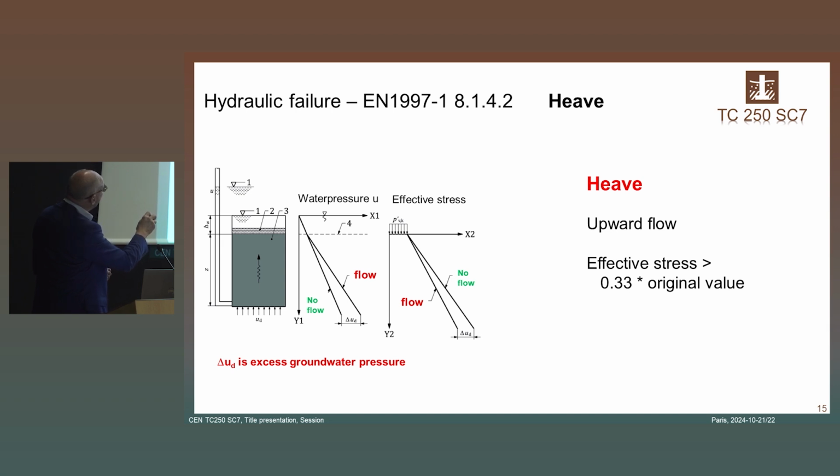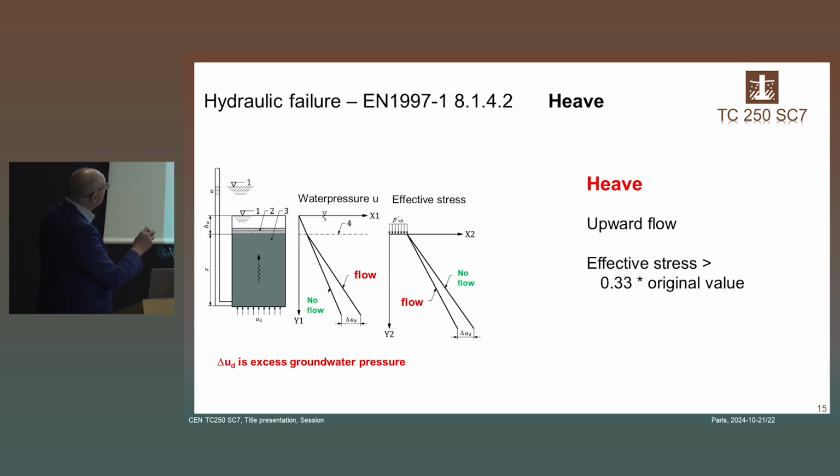And if the gradient gets too high, when the difference gets too high, the effective stress in this column is reduced to zero, and you get a hole and erosion. So you want to prevent that, and you do it by keeping the effective stress to 1/3 of the original value. That's the safety which is on it.